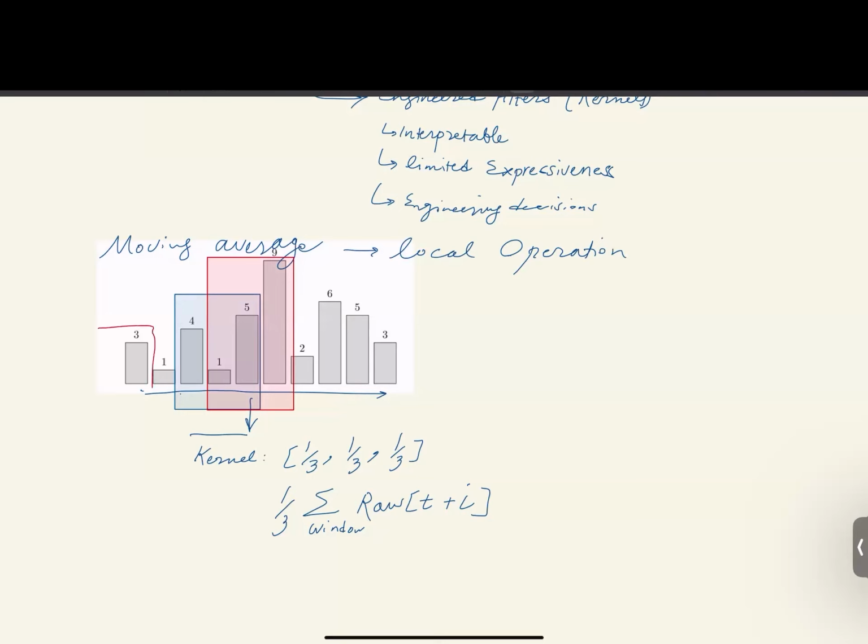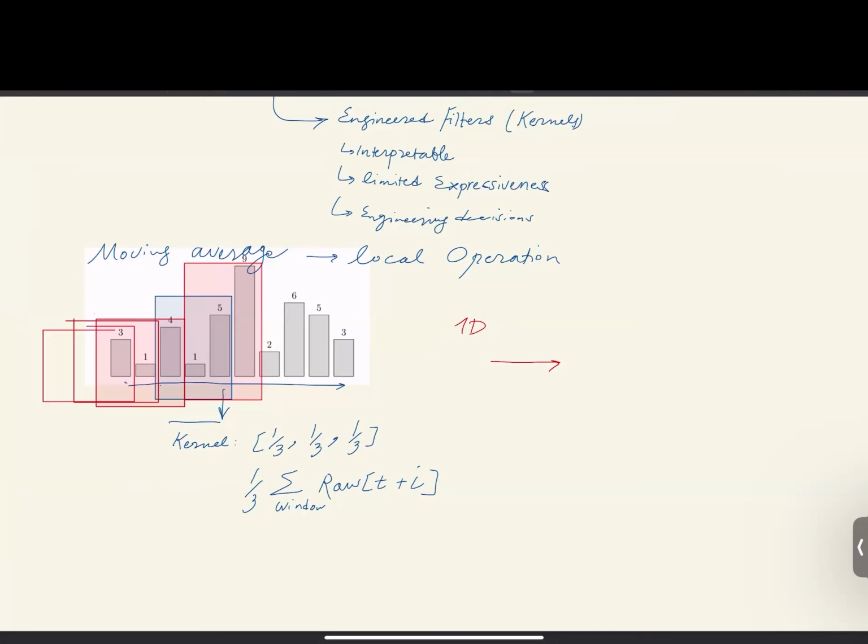We can start from here for the first one, and then the window moves here, then here, then goes like this. And if you have heard of the term cross-correlation, this is some form of cross-correlation, right? Basically, we cross-correlate all of these windows with the kernel.